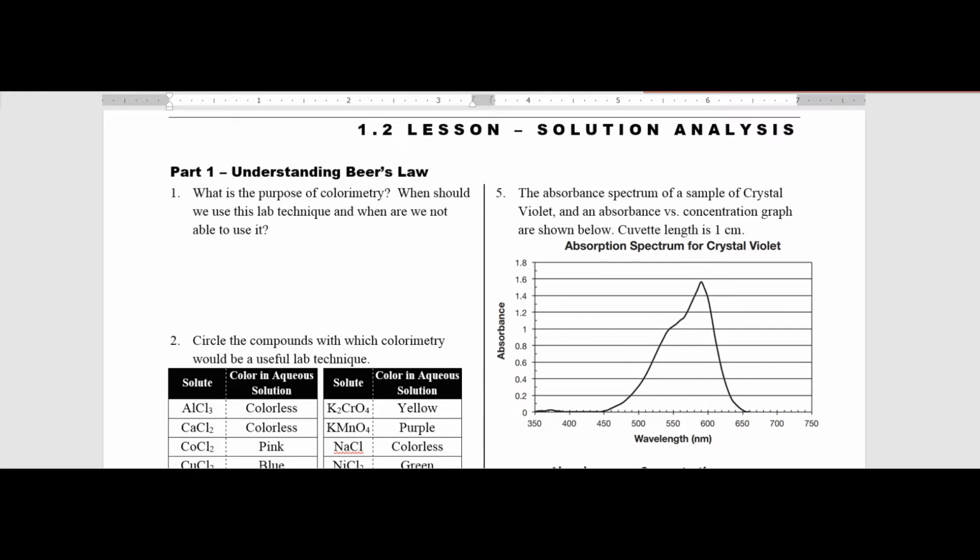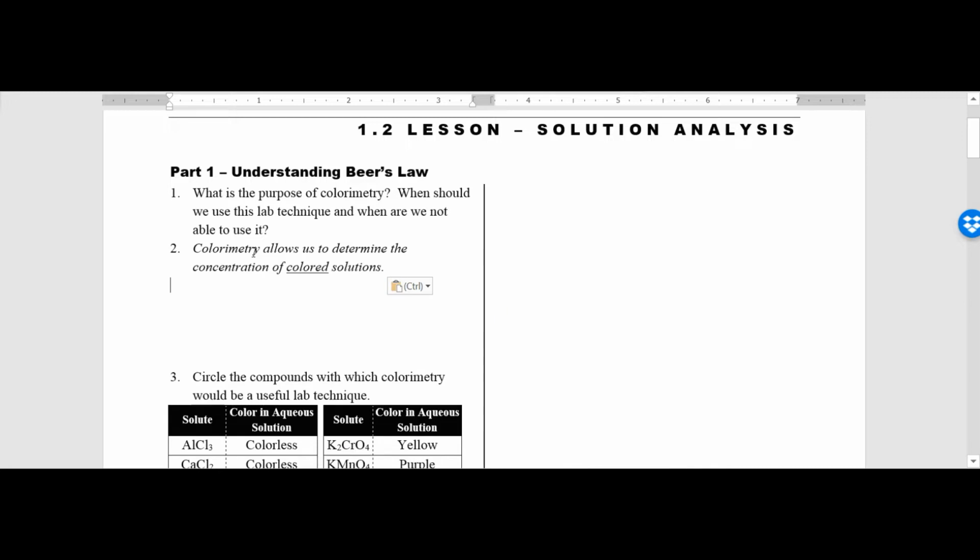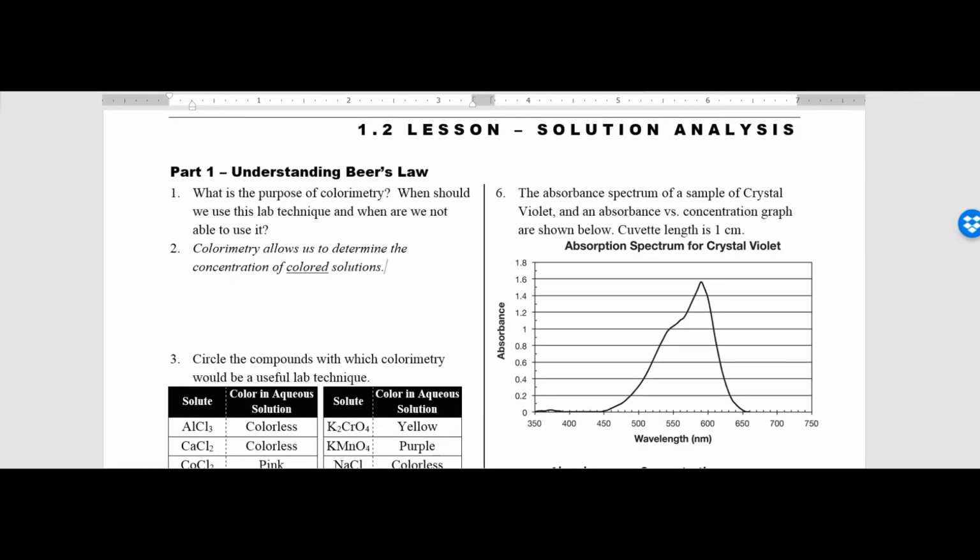Our first question says, what is the purpose of colorimetry? When should we use this lab technique, and when are we not able to use it? I'm going to go ahead and copy-paste. Completely screwed up the formatting. Colorimetry allows us to determine the concentration of colored solutions.